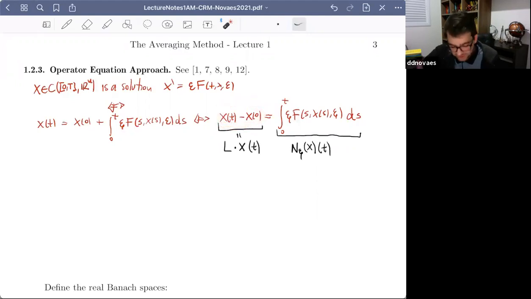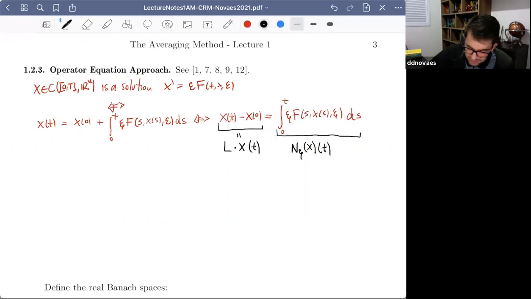This is a new function. So L is an operator from the set of continuous functions onto the set of continuous functions. And this is another operator, which associates a continuous function x to another function given by this integral.